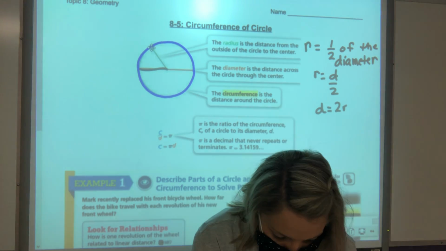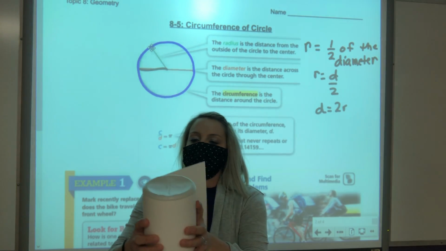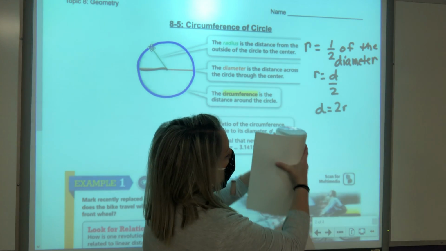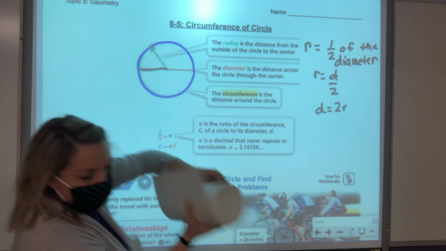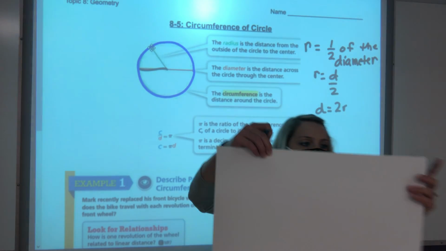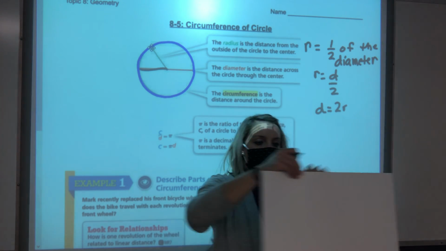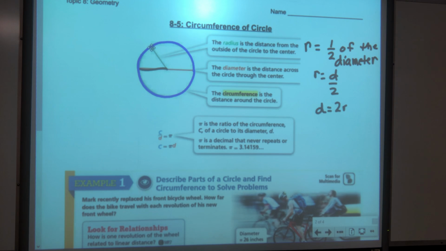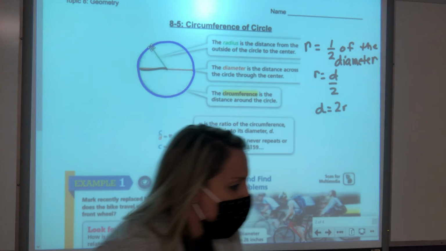Okay, here we go. Ready? So I wrap this around, and I can now get the measurement of my circle. Okay, do you see what I'm doing here? Okay, so I'm going to make a little dot where these two overlap. Okay, so I started here, and I went all the way to this point here. I have a black marker somewhere.